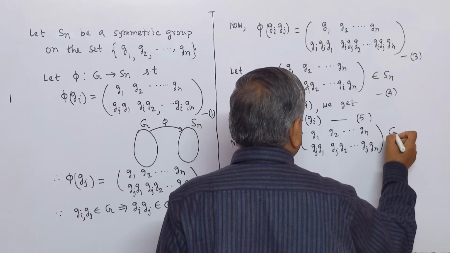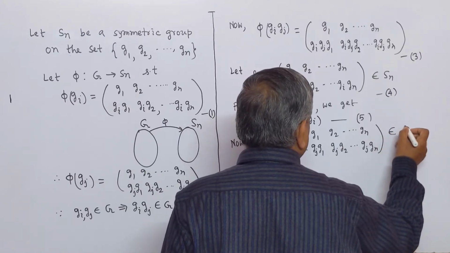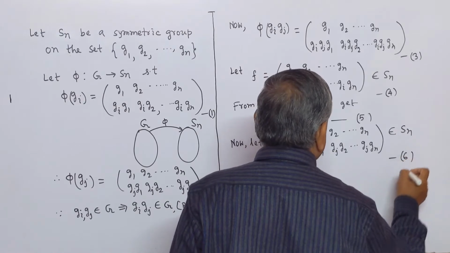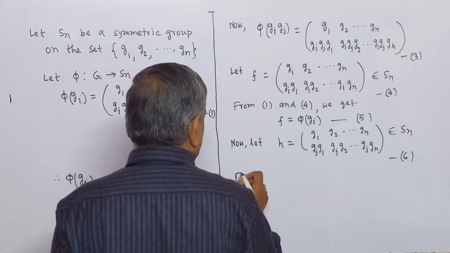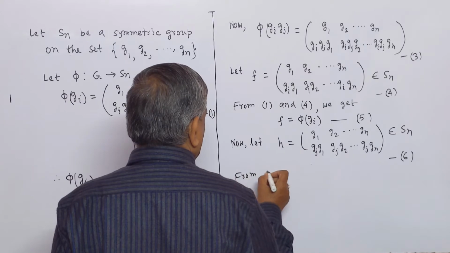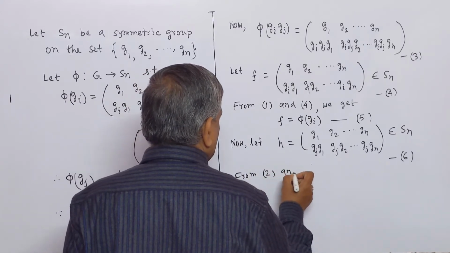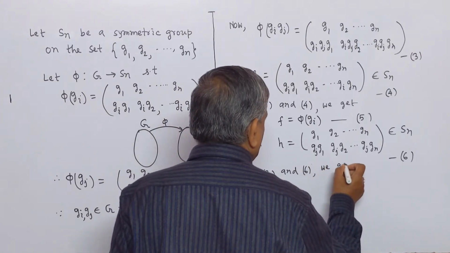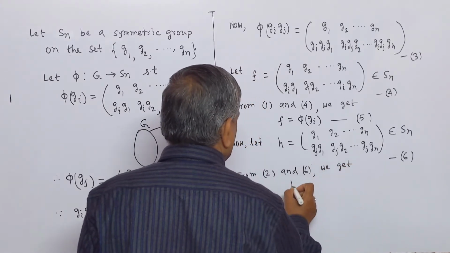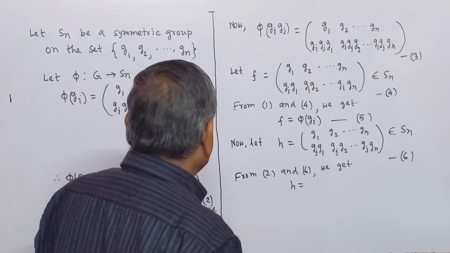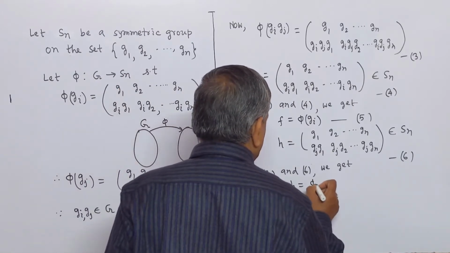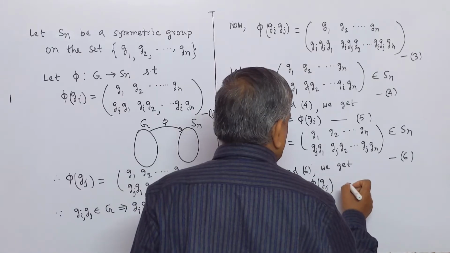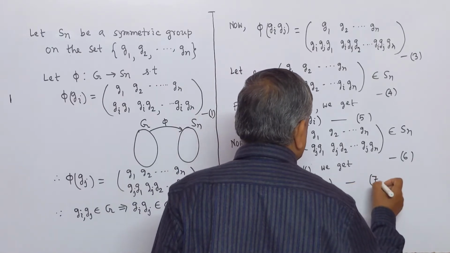This is a permutation, therefore it belongs to Sn. This is number 6. From 2 and 6, we get h equal to phi of gj. This is number 7.